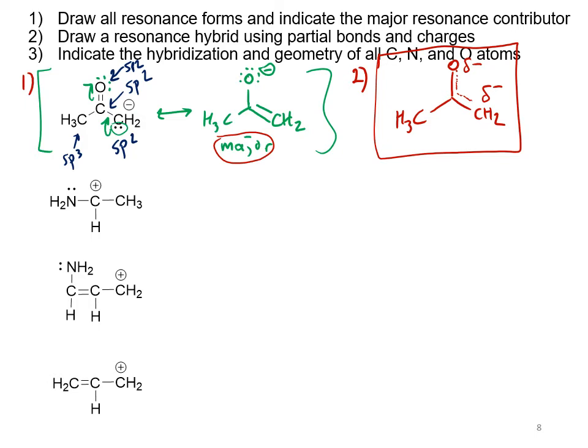All right, let's look at the next one. So notice we have lone pairs next to a cation. So those lone pairs can go and form a double bond to carbon. And we get a positive charge on nitrogen.